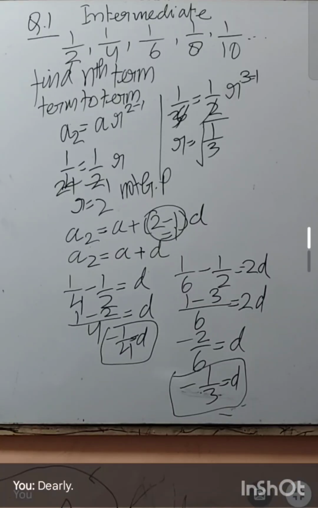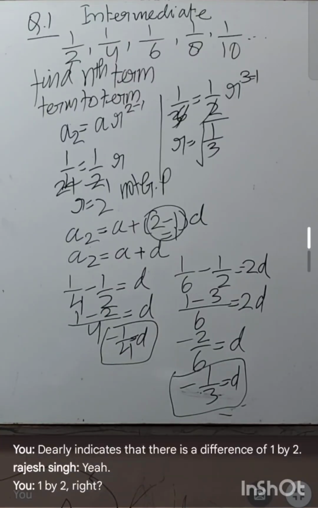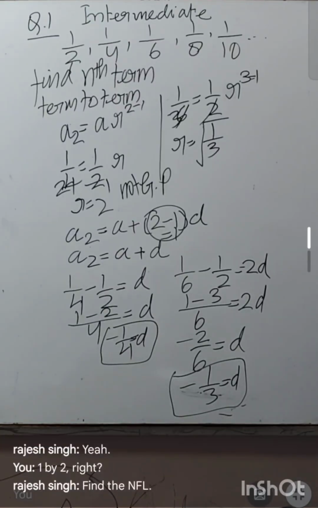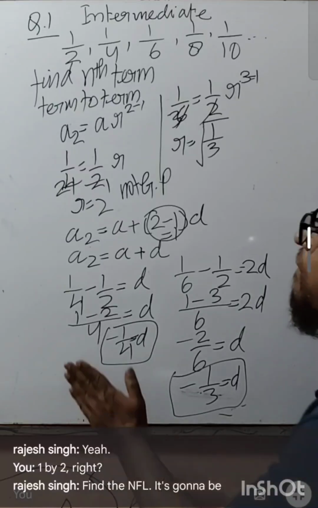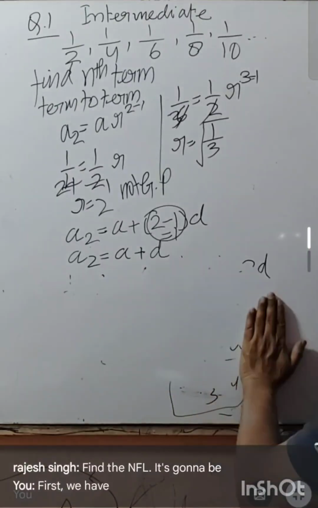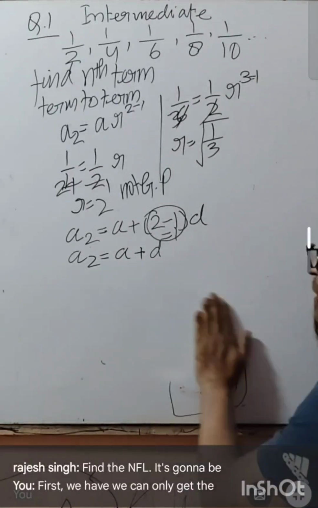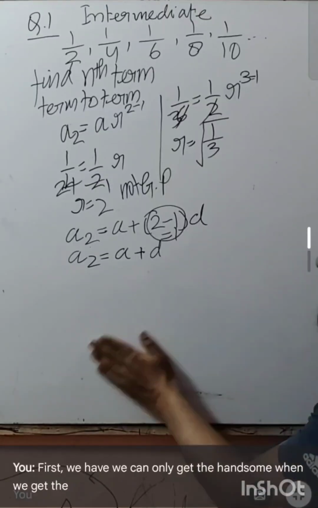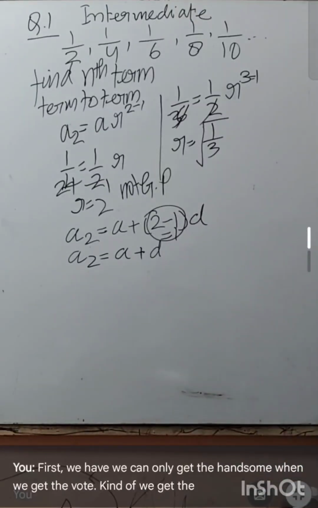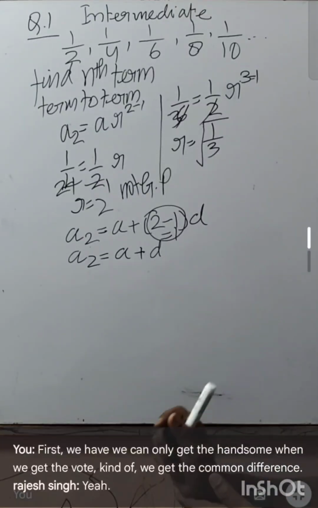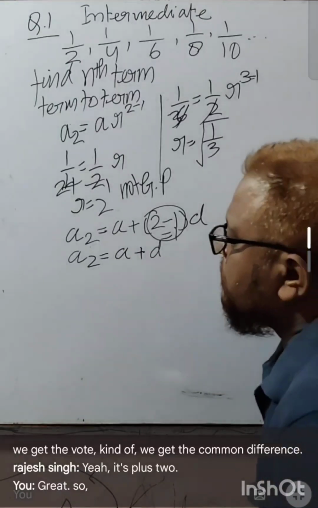Clearly it indicates that there is a difference of 1 by 2. Yeah, right. To find the nth term, first we can only get the nth term when we get the common difference, right? So plus two to the base.